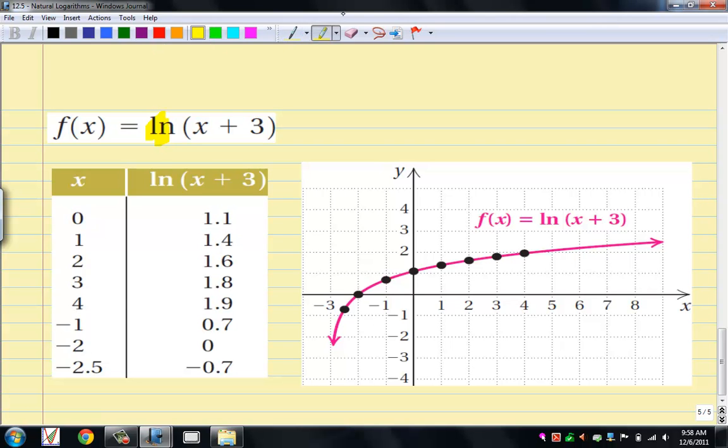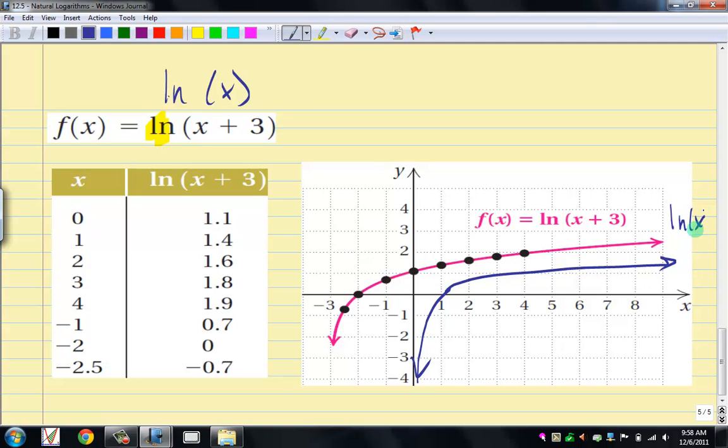This log function happens to be shifted to the left, and I wish they didn't do this. If we said ln of x, let's just graph ln of x. It's going to look something like this. So this is ln of x, or log base e of x. And the one in red has a shift on it, shifting it to the right, three units.